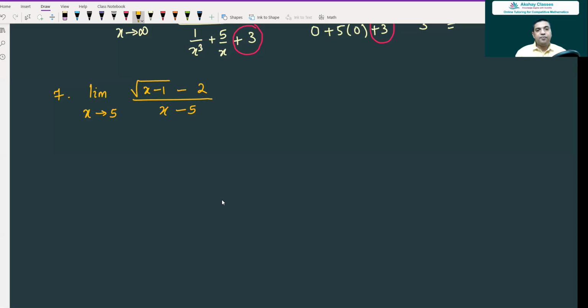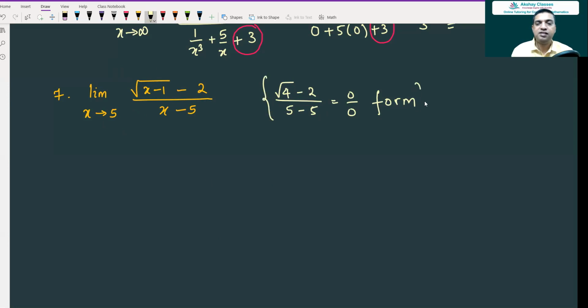So this is a problem which is having an under root, and when you substitute 5 as x tends to 5, we get under root of 5 minus 1 is under root 4, which is 2 minus 2, and 5 minus 5. It is a 0 by 0 form. And now there is no way of factorization.